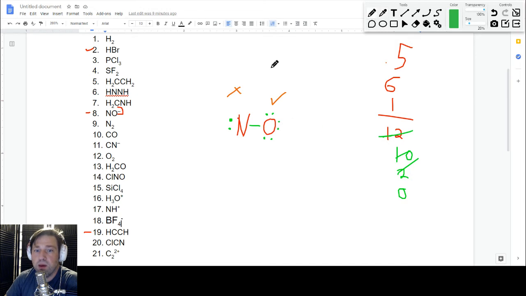Okay. So to share more, that means we are going to need to move some of these lone pair electrons, these electrons that belong just to oxygen. We're going to erase those and move them here to be a double bond.